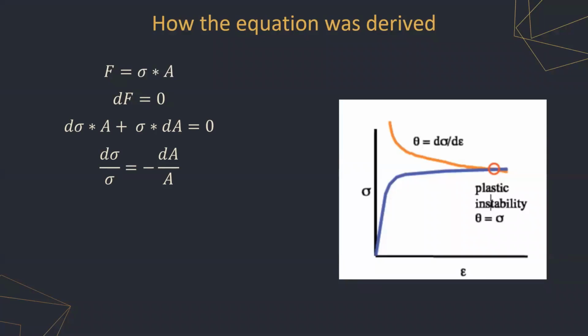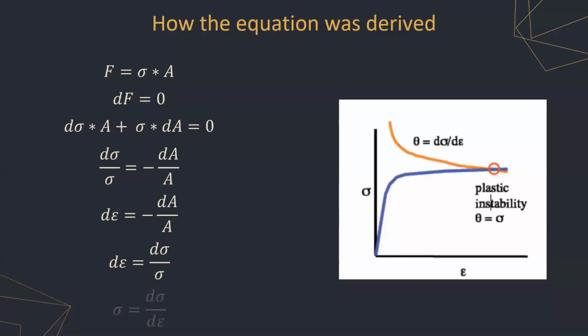Then we can write the true strain as the following. It is very related to the change of the area, because the area gets smaller. Then we can also rearrange our equation so that the two equations are now related to each other.